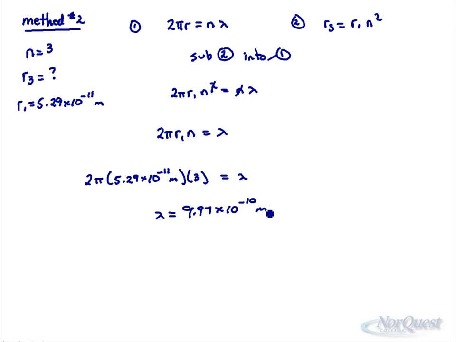These are approximations, right? Bohr's calculation of 5.29 times 10 to the negative 11 is a rounded value. So that rounded value carried through gave us a slightly different answer, but it's to the same magnitude. It's only at 3 decimal places that we finally see something a little bit different.